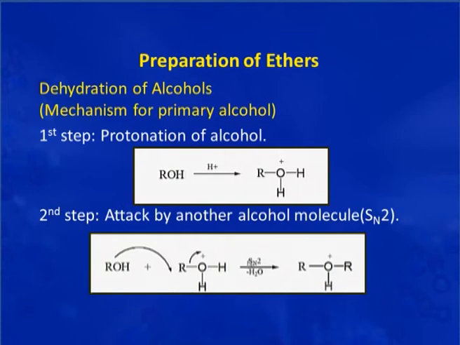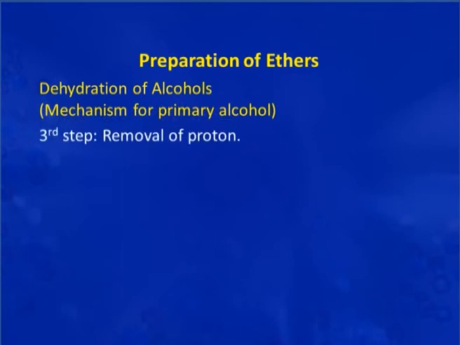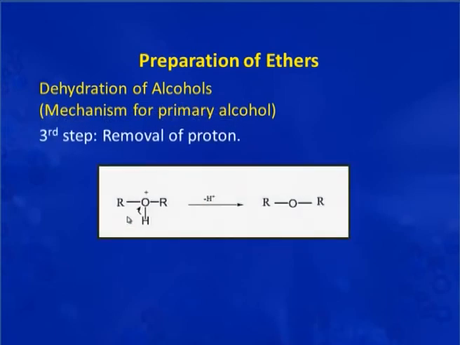The mechanism followed here in case of primary alcohol is SN2 mechanism or substitution nucleophilic bimolecular, in which there is no formation of carbocation, but the nucleophile attacks from one side and leaving group goes out from the other side. In the third step, removal of proton from protonated ether and formation of ether. So, this is how a primary alcohol is converted into ether by the dehydration method.